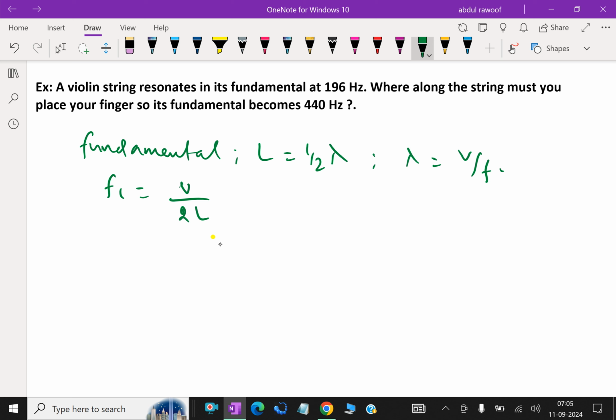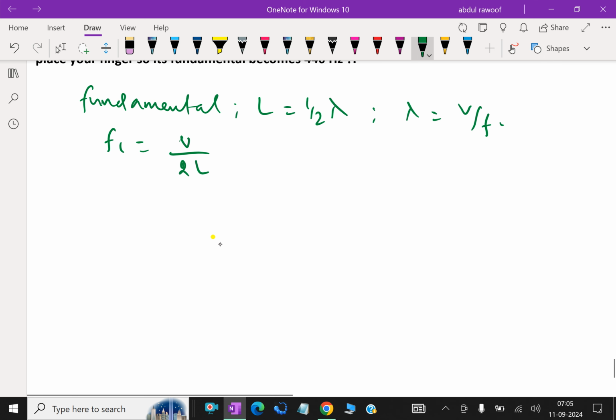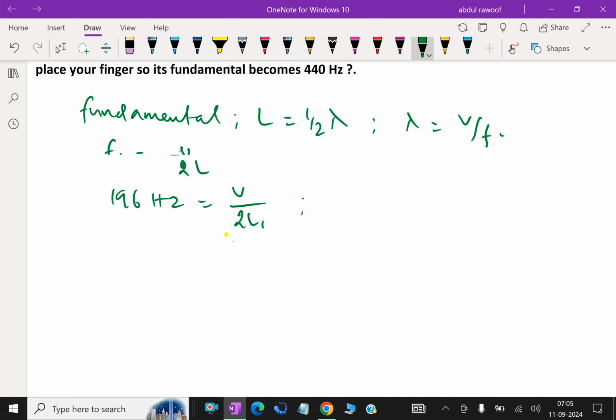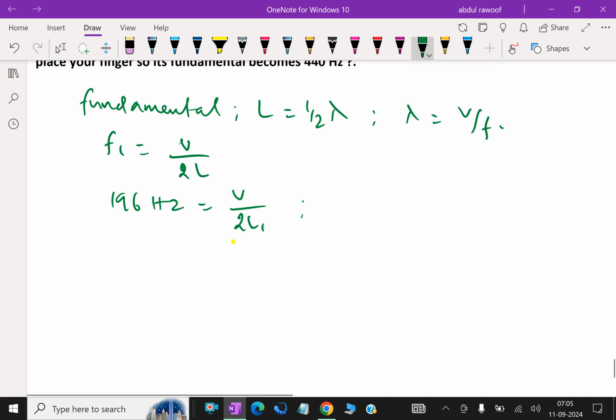Originally, the string length L1 resonates to the frequency 196. Therefore 196 is equal v by 2L1. And next frequency is 440 Hertz equal v by 2L2.